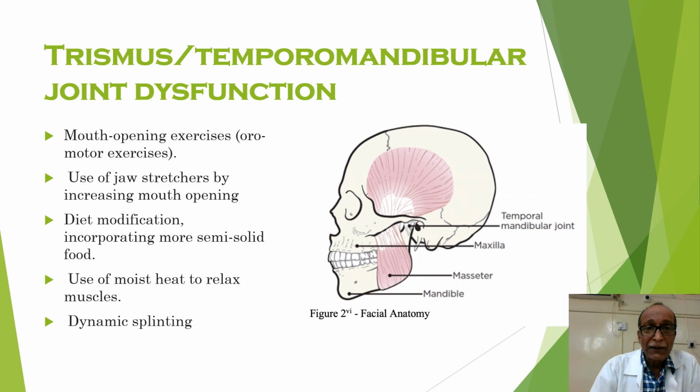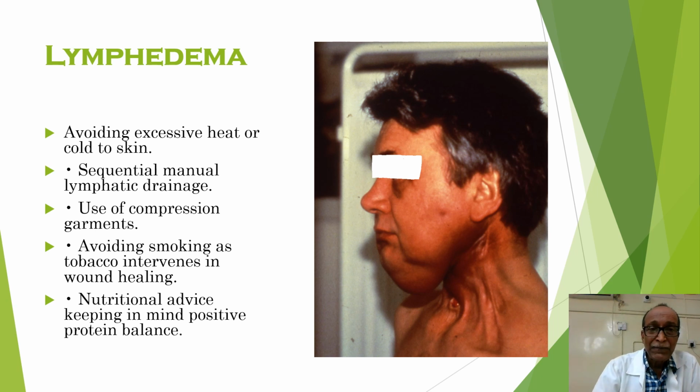Trismus and temporomandibular joint dysfunction are very common complications after treatment. Management includes mouth opening exercises, use of jaw stretches to increase mouth opening, diet modification, and use of moist heat to relax the muscles, and dynamic splinting. These are the few things which you have to offer. Lymphedema similarly will be managed by conservative measures.